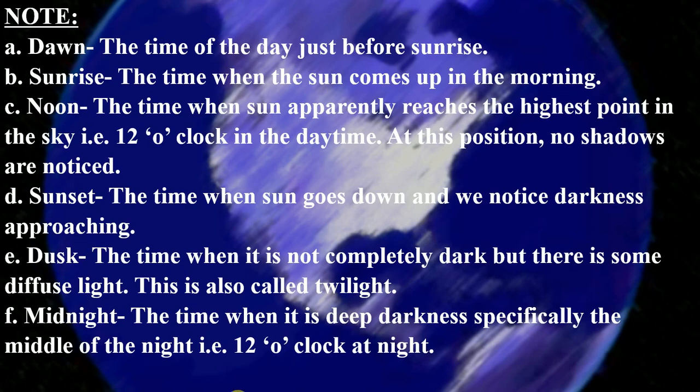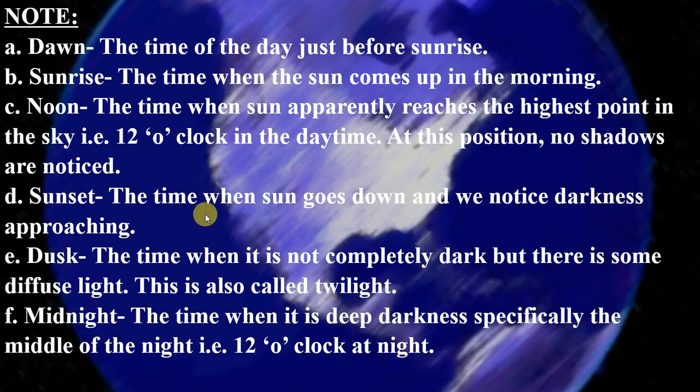And here are the terms. As you can see, the first term which we have used is dawn. What is dawn? Dawn is the time of the day just before sunrise. Sunrise, the time when the sun comes up in the morning. Noon, the time when the sun apparently reaches the highest point in the sky, that is 12 o'clock in the daytime. At this position, no shadows are noticed.